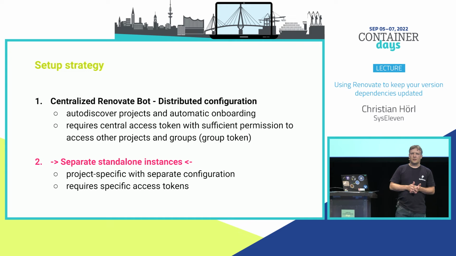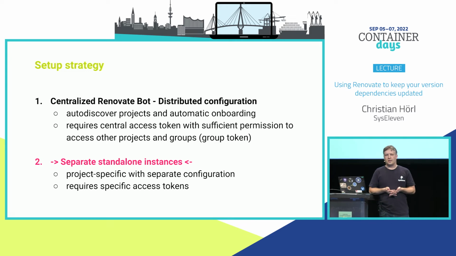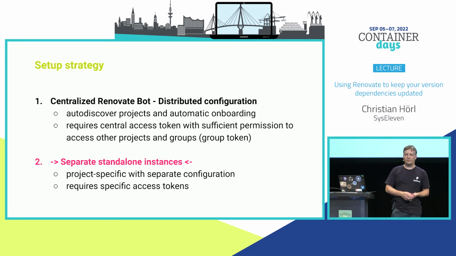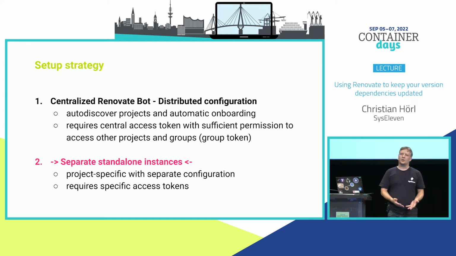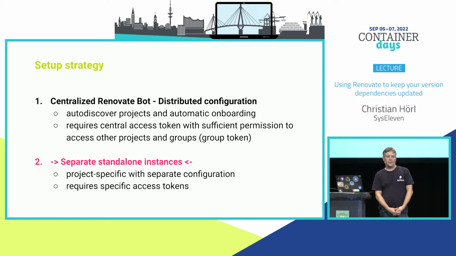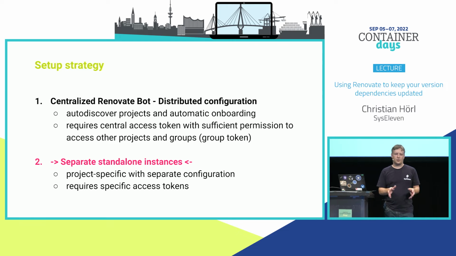I found two basic approaches to configure Renovate in my GitLab setup. The first one, as I mentioned, is a centralized Renovate bot instance running in its own group in GitLab, which is distributing its configuration to other projects.